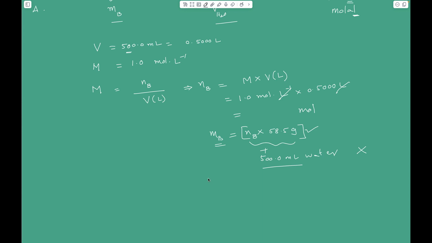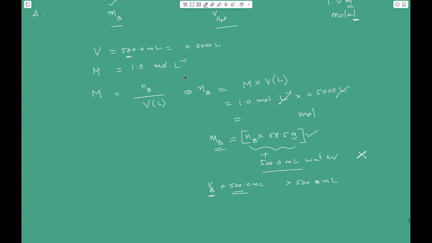So if we say the volume of the solute is Vb, and if you try to mix this solute with 500 milliliters of water, then again our intuition says that the volume of the resulting solution is more than 500 milliliters, right? If you add some value, however small that is, to 500, then you will get a value bigger than 500.